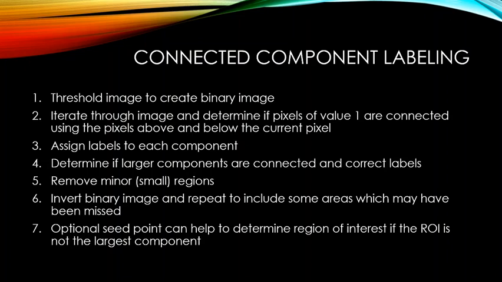And if we figure out later in the process that two of these regions we've already labeled were actually connected, then we go back and correct the labels previously assigned so that they have the same label.